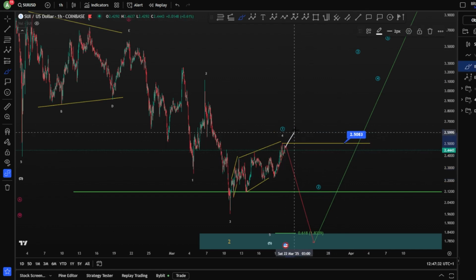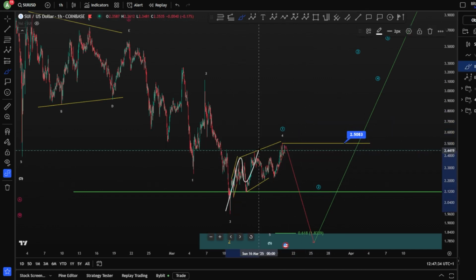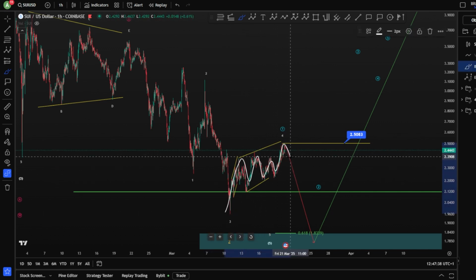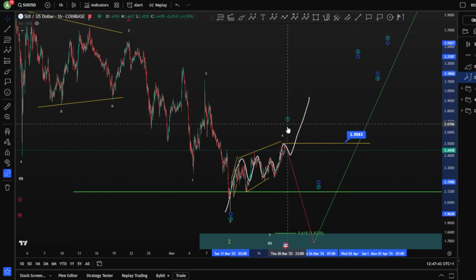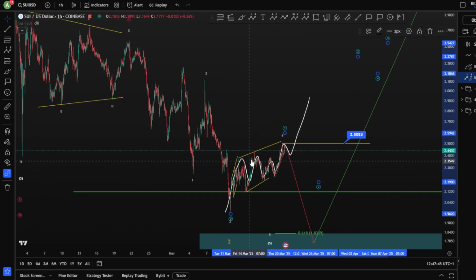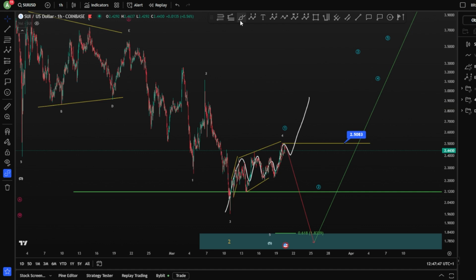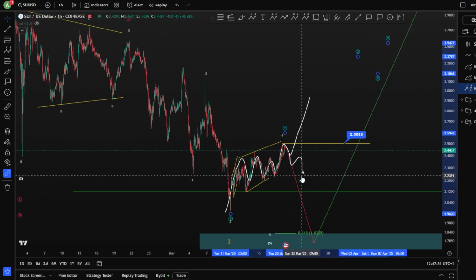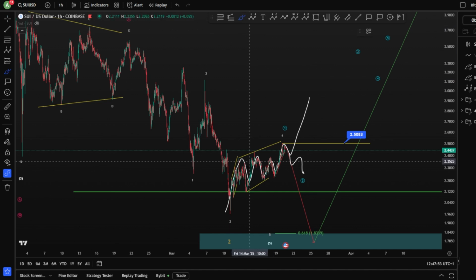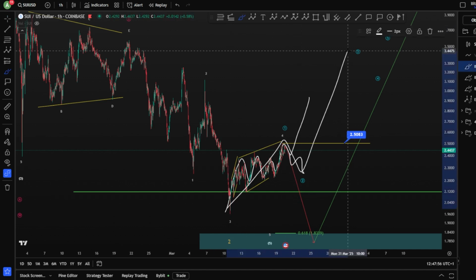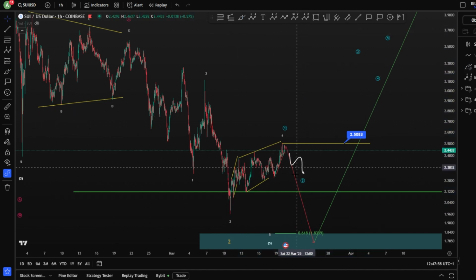If we move directly from here, you have to take several 1-2s here, meaning 1-2, 1-2, 1-2, 1-2, something like this. If we move like this, we're gonna remove this big wave 1 and we're gonna move with 4 1-2s. If we move in 3 waves down, take a big wave 2, that would be of course a much better signal that we are in a big 1, 2, 3, 4, 5 leading diagonal.